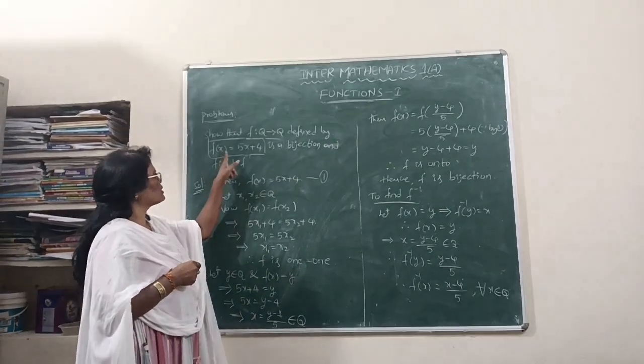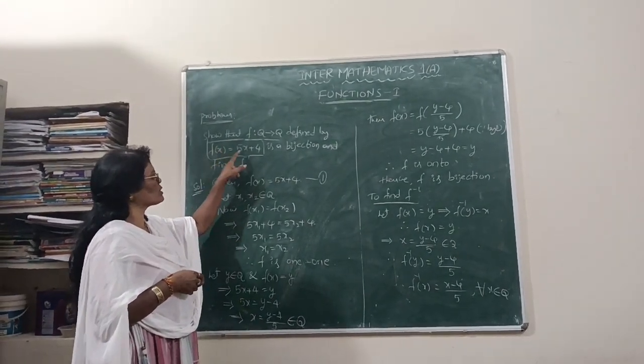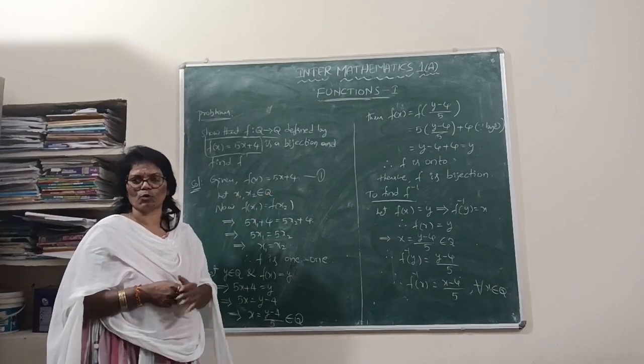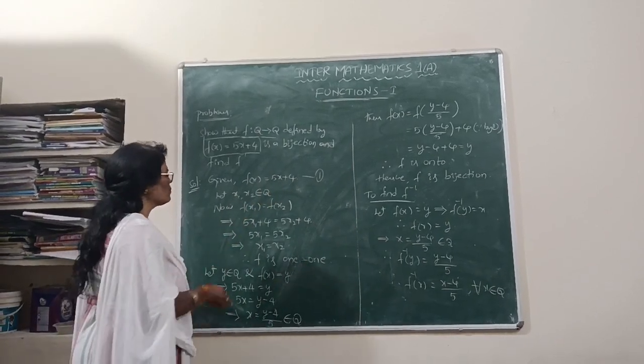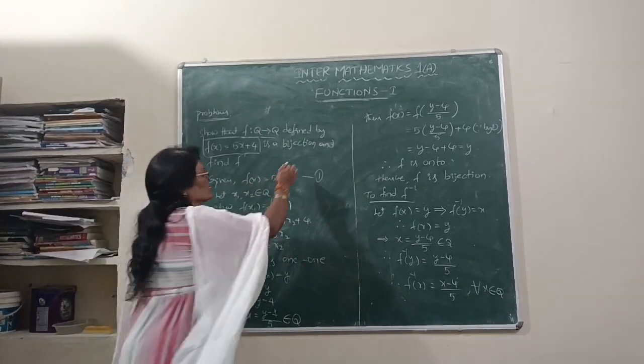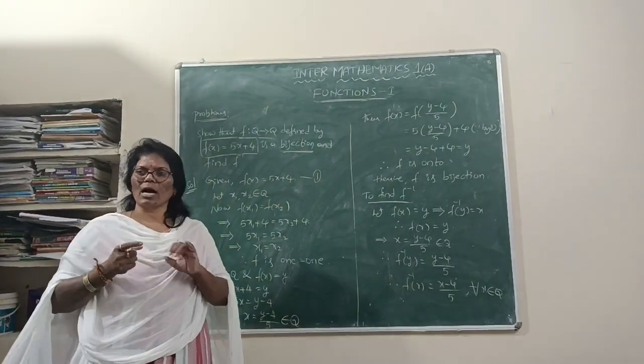The given function is f of x equals 5x plus 4. Make it equation 1. Bijection means it satisfies one-to-one and onto conditions.